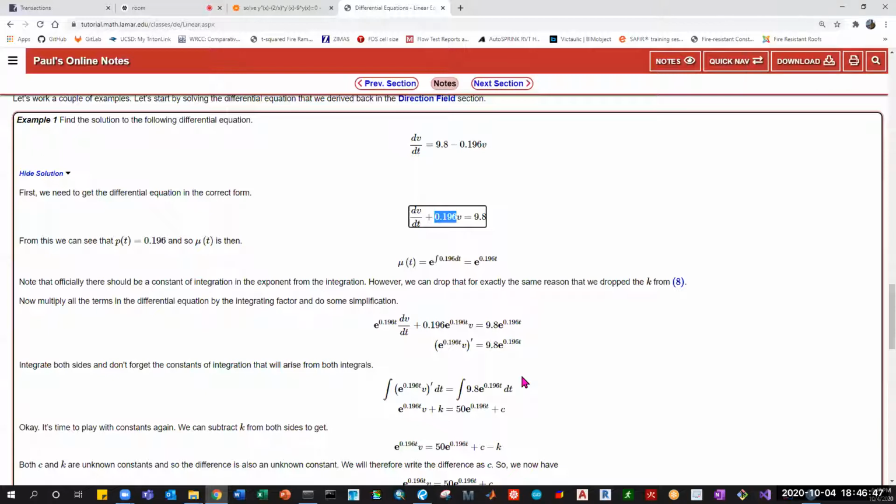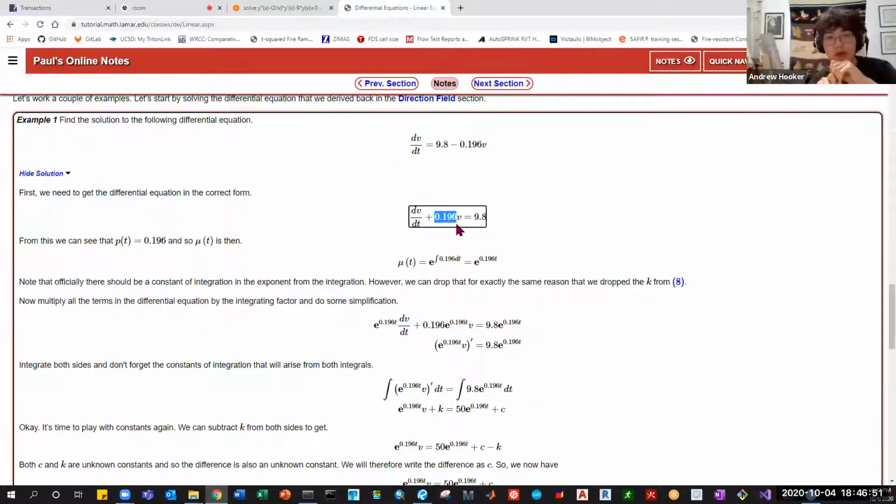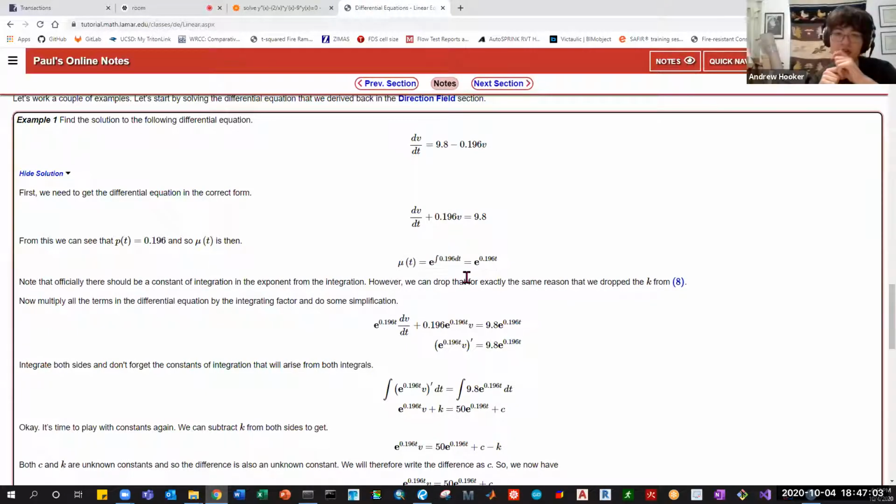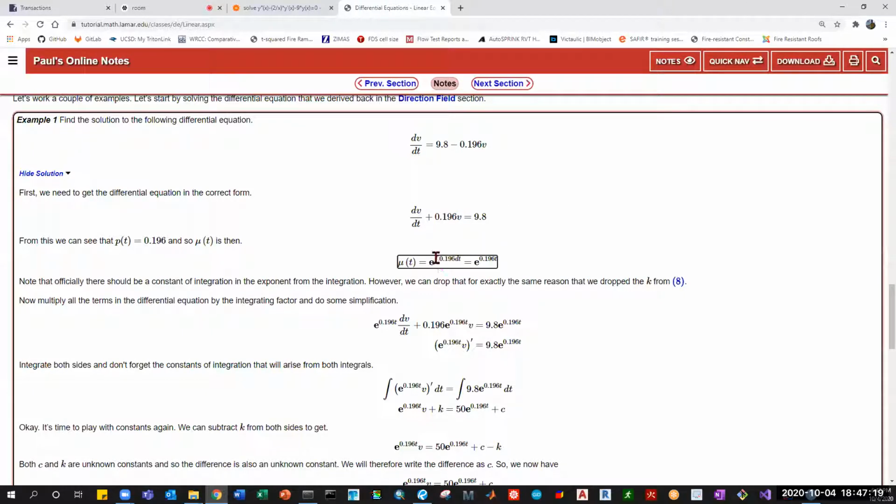X times y. It doesn't matter. It only matters if it's a t, because x and y in this case would be constants. You're integrating in terms of t. So you could have 0.196 x dt, which would just be 0.196 xt. If it's a t, it doesn't matter because you're just doing this integral.